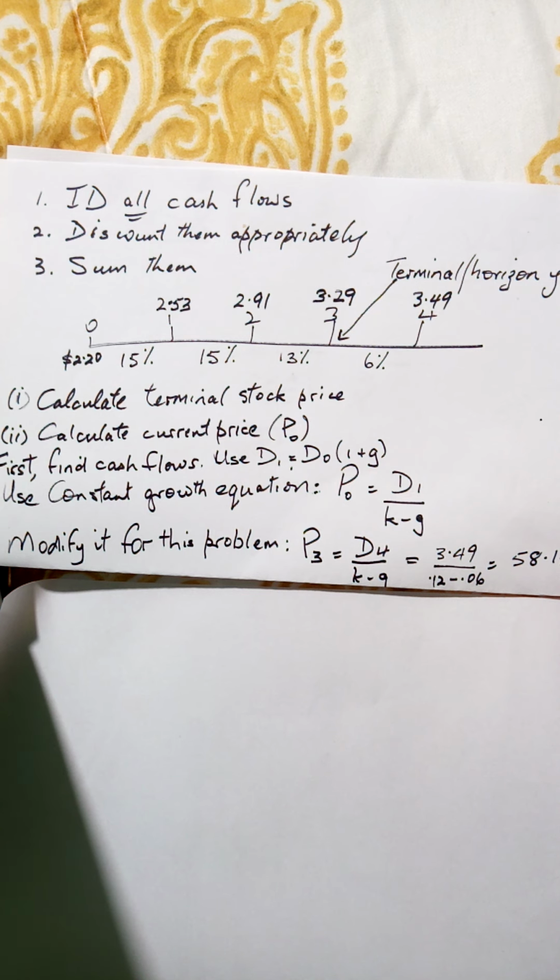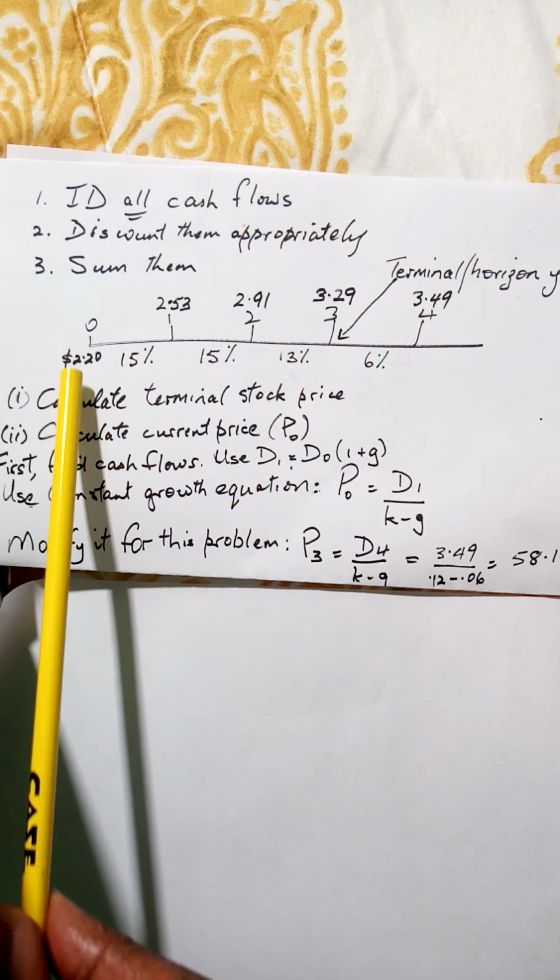Now, the problem we have been given, I believe it's Snyder computer chips. I think you might have been sent this one by email. The first task is to identify all the cash flows, but the problem only gives us one single cash flow, and it was the dividend that was already paid, $2.20.